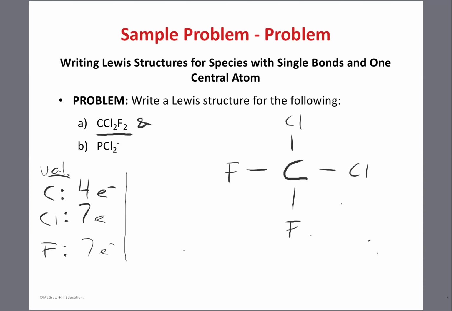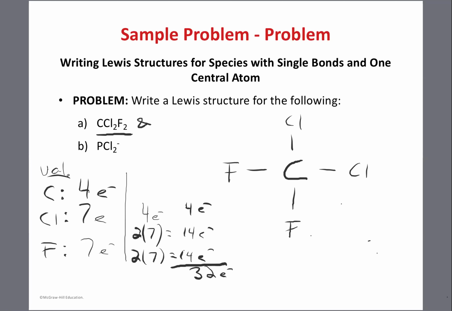My molecular formula tells me I've got 1 atom of carbon, 2 atoms of chlorine, and 2 atoms of fluorine. Adding together all my valence electrons, 14 plus 14 is 28, plus 4, that's 32. I've got 32 valence electrons to play around with.